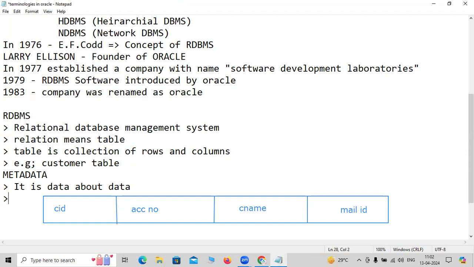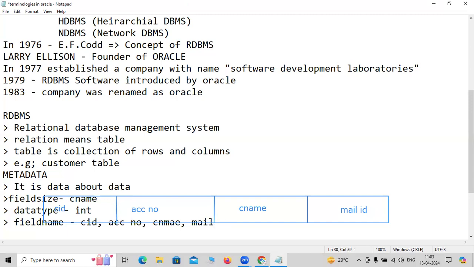So a metadata for this table will be like field size of customer name, then data type, suppose data type is integer, then field name like CID, then account number, then customer name, then mail ID. So these are the metadata, that is data about data.